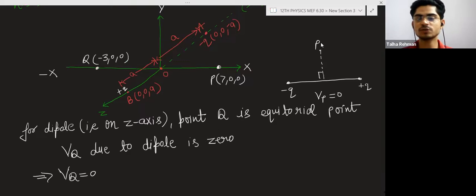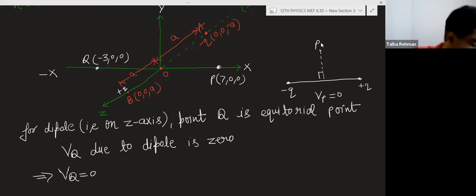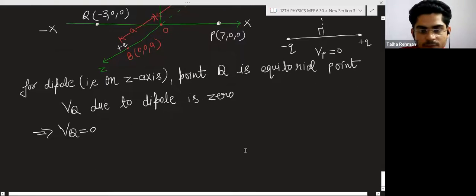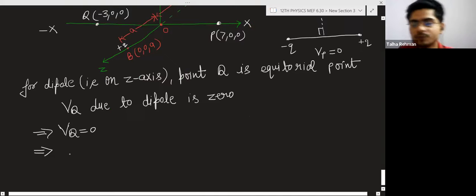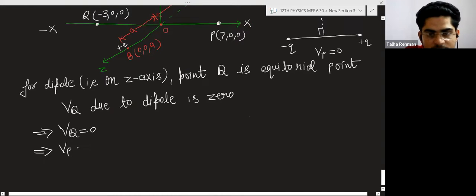This is the dipole and this is the point P, and this will be the equatorial position, so here also the potential is 0. This is not a very complex question, it's an easy question, but you need the knowledge of coordinates. You can solve this question in 30 seconds. VP is equal to 0.